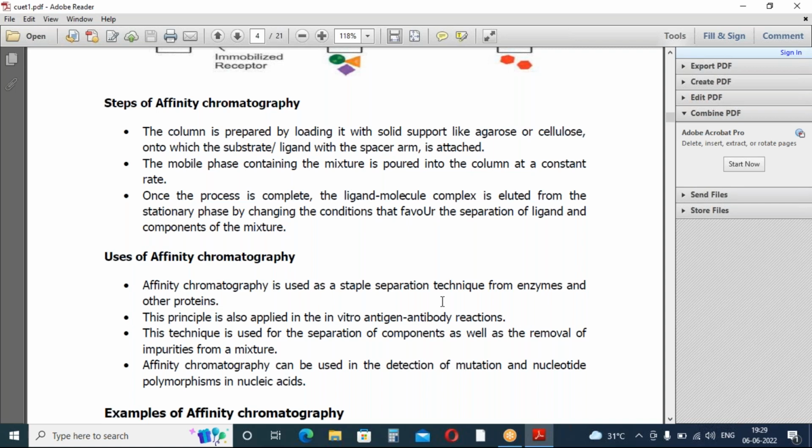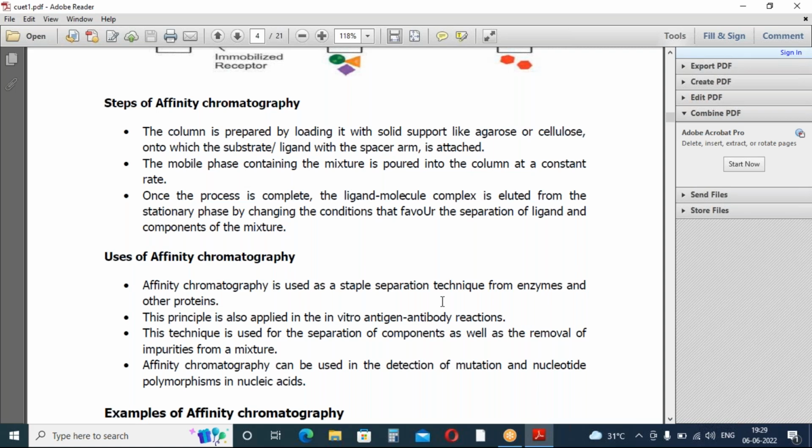By binding with the substrate. It is also used for antigen antibody reactions, to remove different types of impurities present in a mixture, and for the detection of mutations and nucleotide polymorphisms present in nucleic acids. Okay, and that is the main purpose of affinity chromatography.